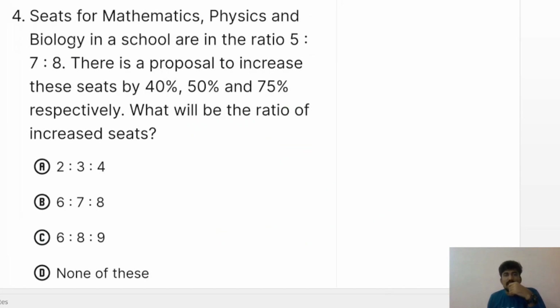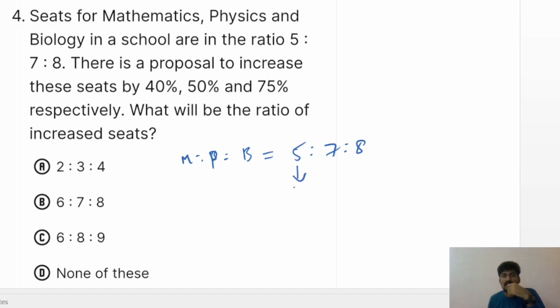Fourth question. Seats for maths, physics and biology in a school are in the ratio 5:7:8. Then there is a proportional increase in these seats by 40%, 50%, 75% respectively.